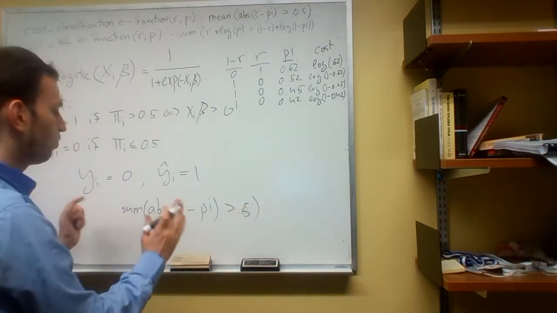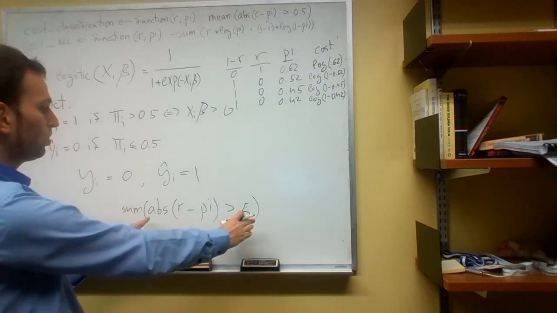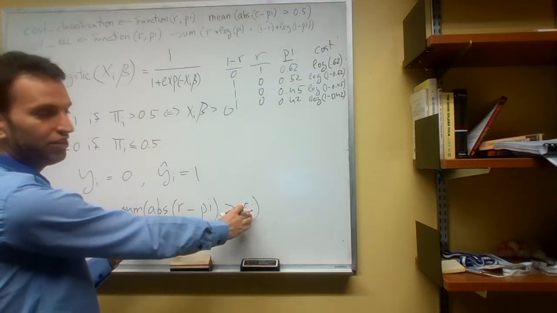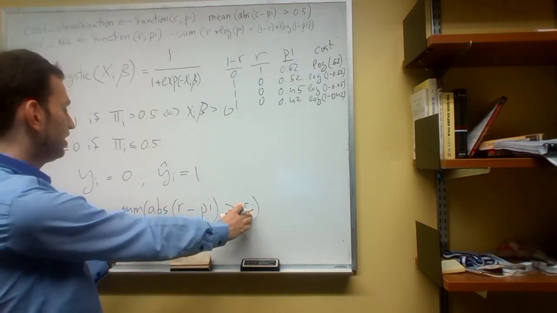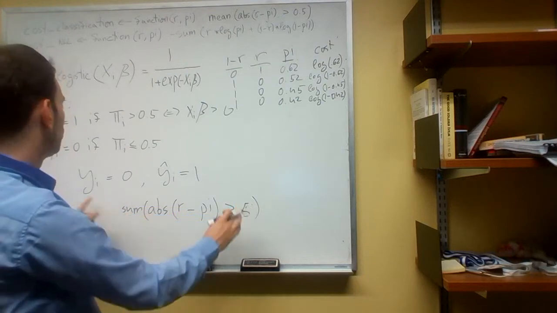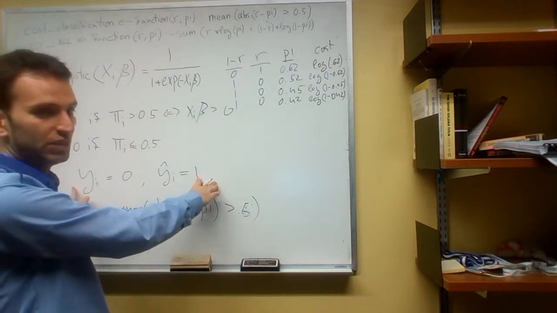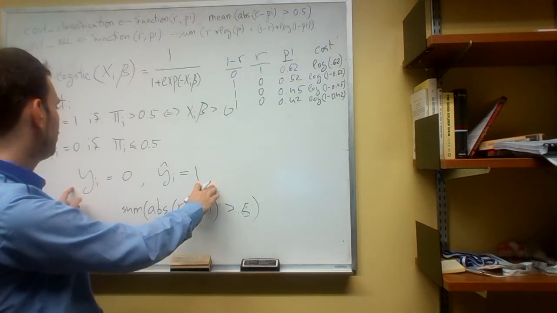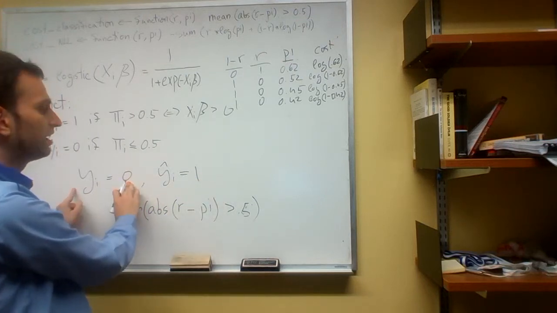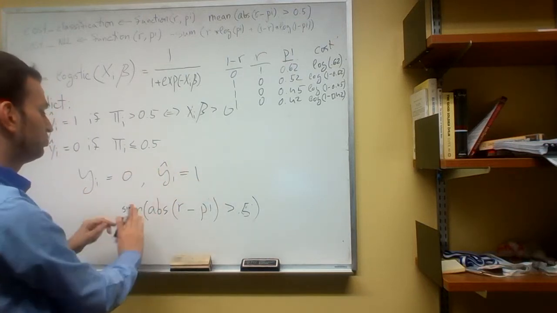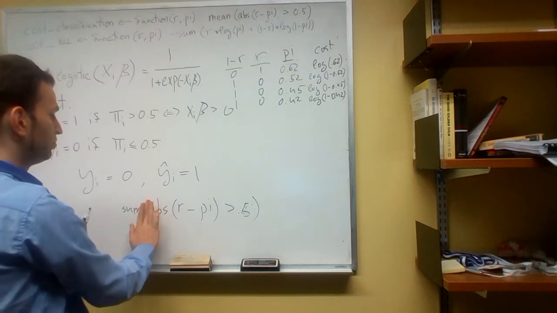Now, one possibility is you don't want to count all the misclassifications. What you want to do is count just those kinds of misclassifications where yi is equal to 0. How would you do it?